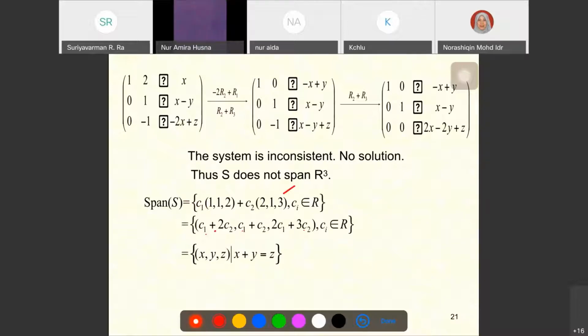If we put this as X, Y, and Z, what can we see here? This Z is 2C1, C1 plus C1, 3C2, 2C2 plus C2. So we have X plus Y, so Z equals X plus Y.